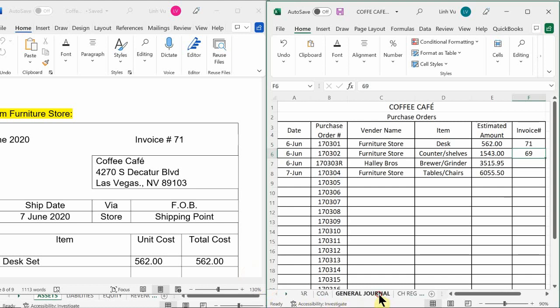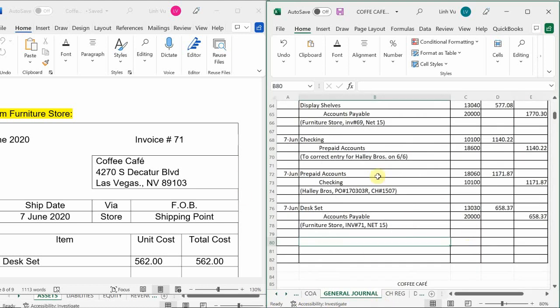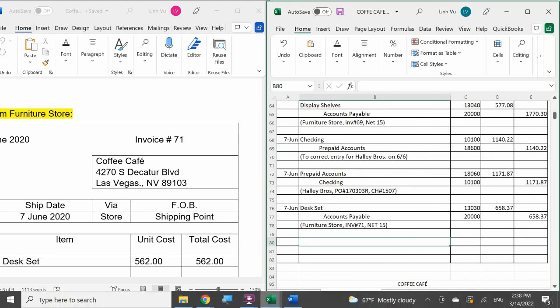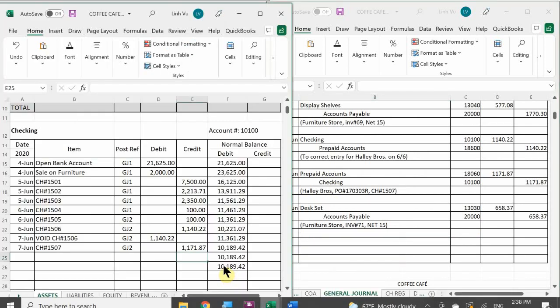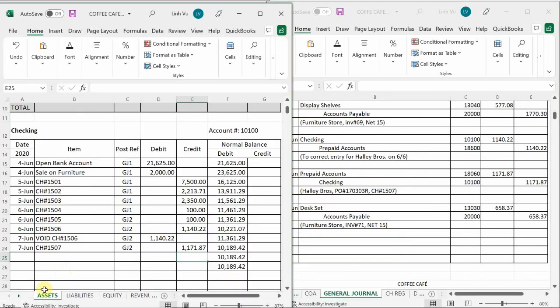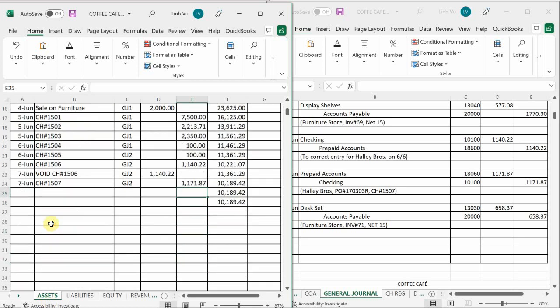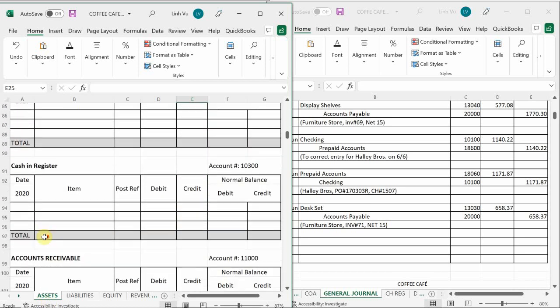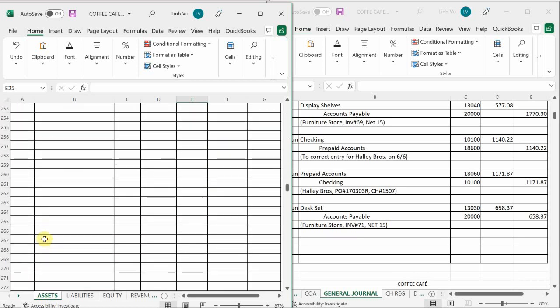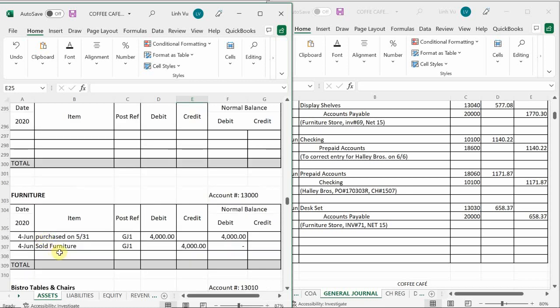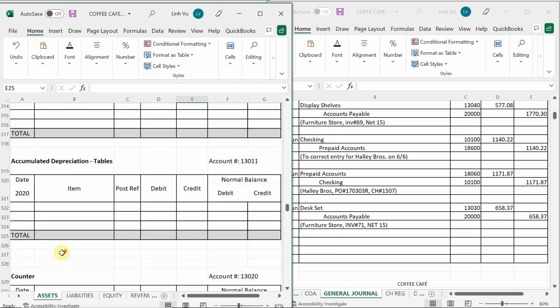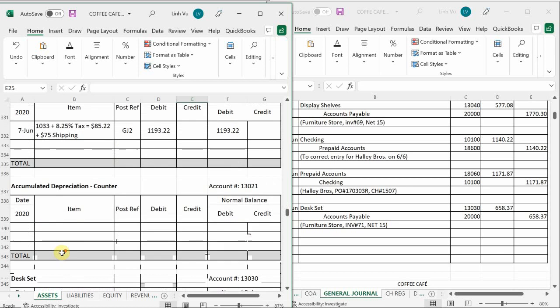Okay. So here we are. So now that my journal is done, I'm going to post it to my ledger. So assets. Okay, so in this case, I bought more furniture. And in this case, I'm very specific.